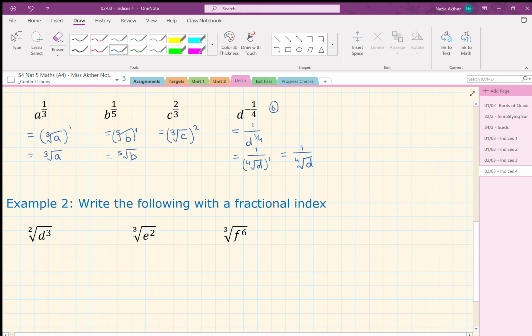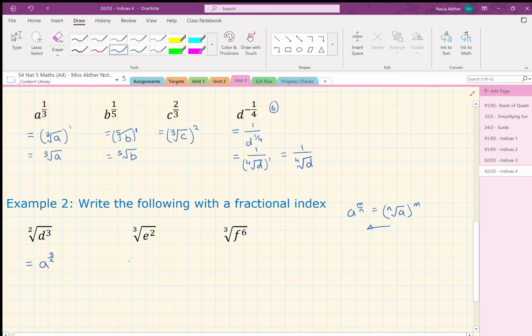So remember my rule number 7, a to the power of m over n, I can write this as the nth root of a, and I'm taking that to the power of m. Okay, so this time I'm going the opposite way. So where n is 2 in this case and m is 3. So if I write this as a power with a fractional power, then that will be equal to a to the power of 3 over 2.